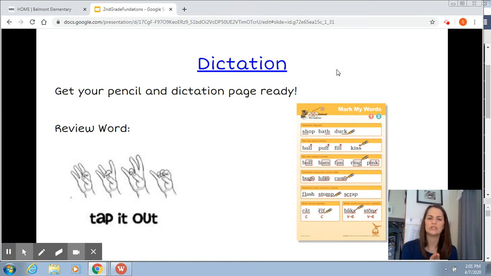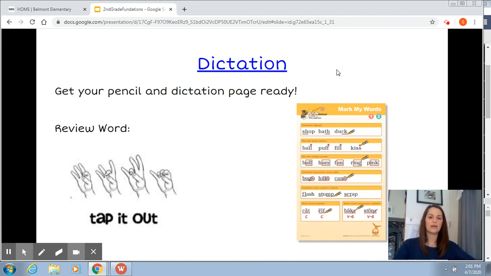How many syllables is that? 2. Excellent. So we have our first syllable is in. In. Did you write it? Great. Second syllable, vite. Vite. Give you a minute to write it.